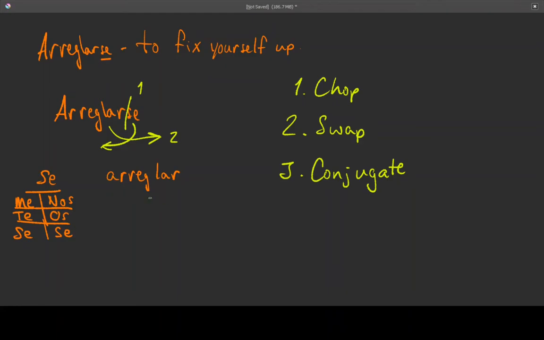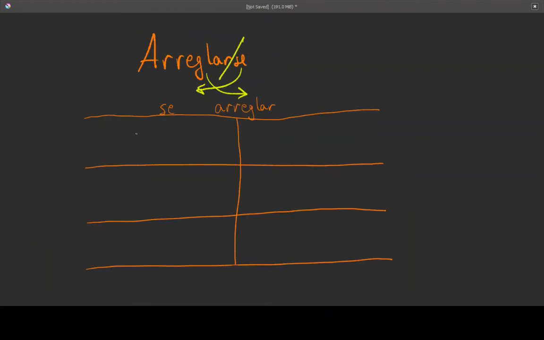Alright, so when we conjugate this verb arreglar, it needs to also get one of those reflexive pronouns. I'm going to go in here and put in our reflexive pronouns first. So the 6 forms, the yo form is going to be me, tú form is going to be te, él, ella, usted form is going to be se, nosotros, nos, vosotros, os, and then ellos, ellas, and ustedes, it's going to be se.